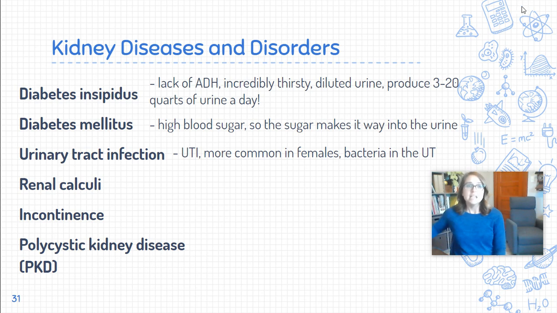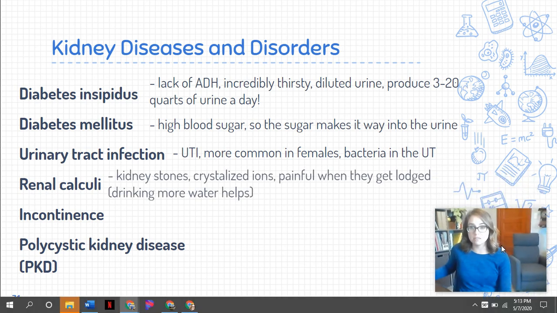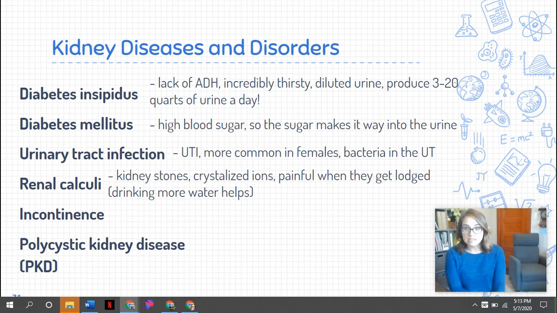All right, the renal calculi, fancy word for kidney stones. You've probably heard of kidney stones before. What a kidney stone is: because we are urinating out a lot of salts, calcium, magnesium, ions, things like that, sometimes those ions, those salts, clump together and get crystallized and form what we call kidney stones.